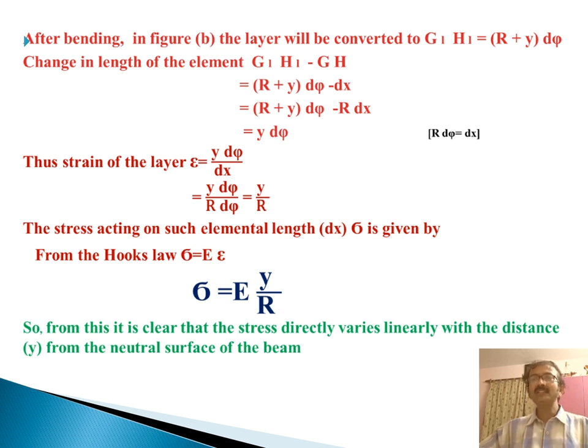Here E is the modulus of elasticity, y is the distance from the neutral axis, and R is the radius of curvature. From this it is clear that the stress varies directly with the distance from the neutral surface of the beam.